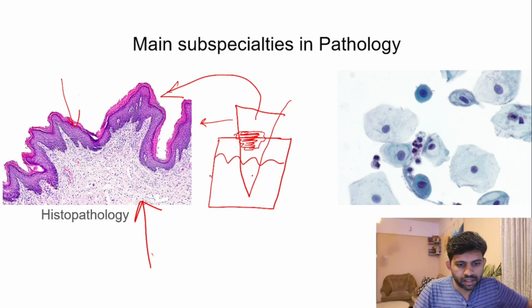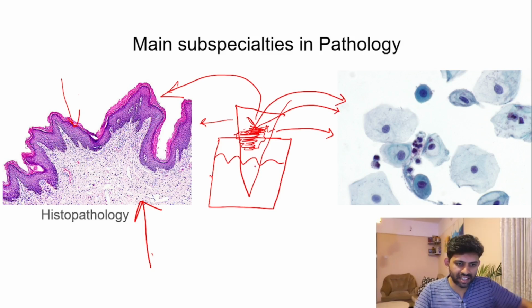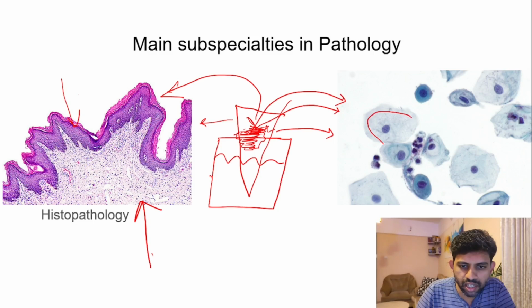The other method is, instead of cutting out a small tissue, he can scrape out only the superficial parts and see individual cells rather than seeing the tissue as a whole. Pathologist can give a diagnosis based on seeing individual cells. When you study individual cells separately, like this is one cell, this is cytoplasm of the cell, this is a nucleus. Again, here is another cell, this is cytoplasm, this is a nucleus.